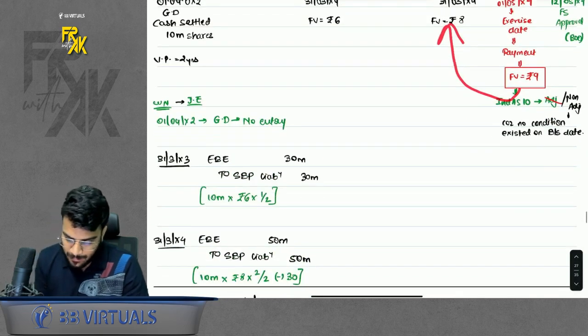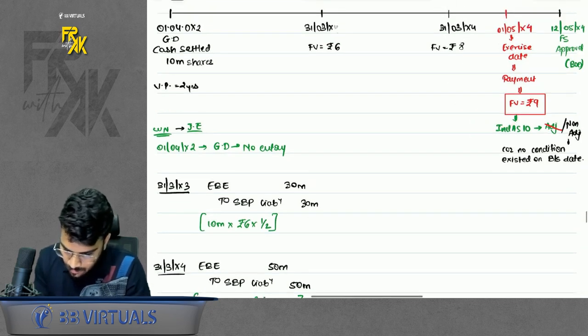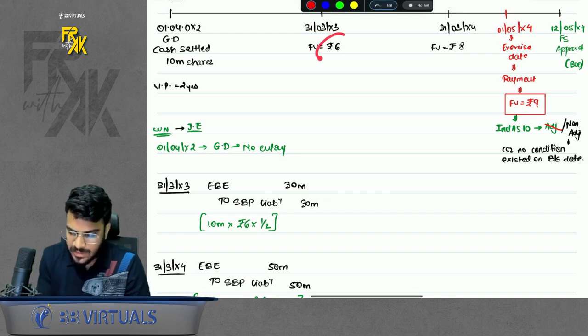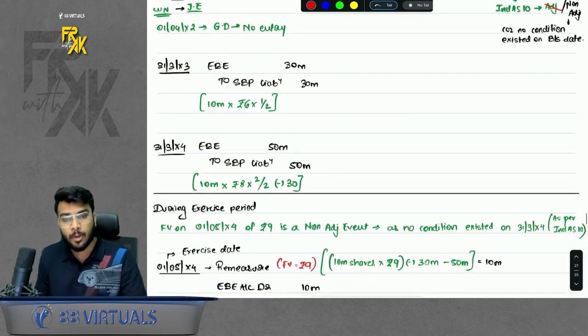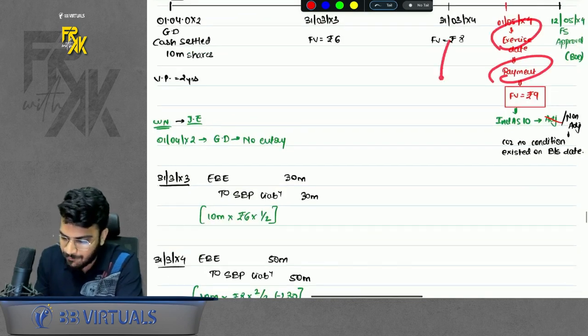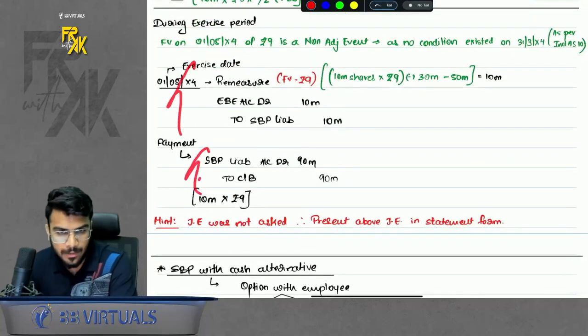So you will book the expense on 31st March 13 based on 6 fair value. Then you will book the expense on 31st March 14 based on 8 rupees fair value. And then during the exercise period, when you are making the payment, because the fair value has changed, first you will remeasure and then you will make the payment. Do remember that.